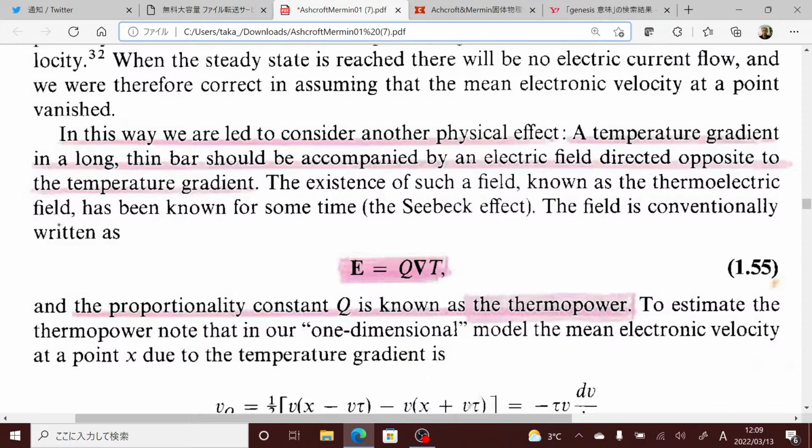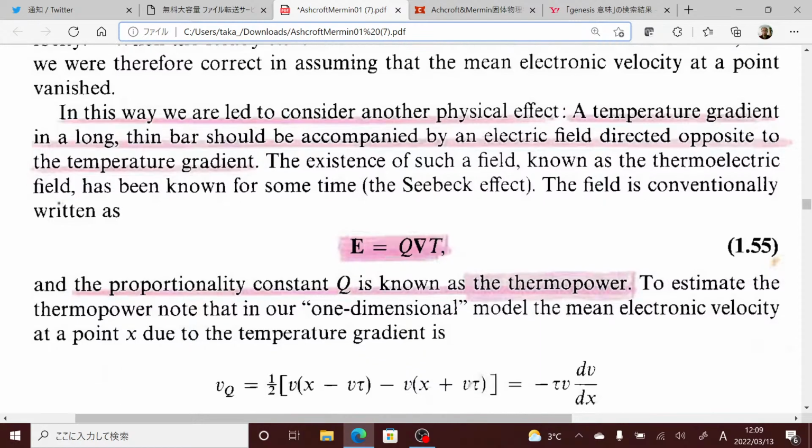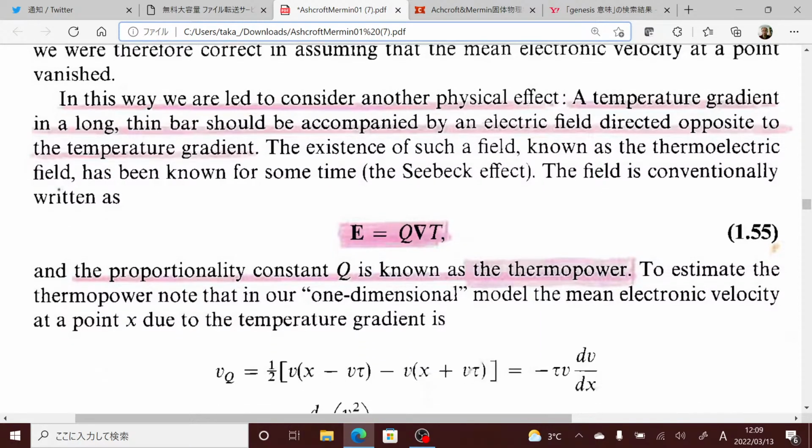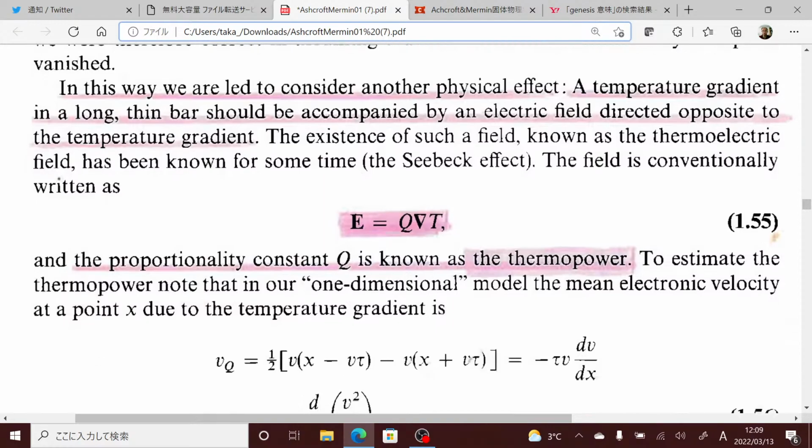A temperature gradient in a long thin bar should be accompanied by an electric field directed opposite to the temperature gradient. The existence of such a field, known as the thermoelectric field, has been known for some time.